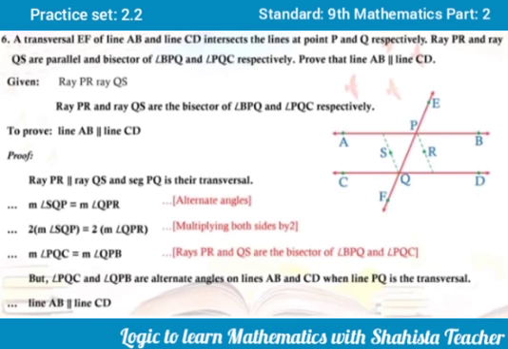Okay, so line AB is parallel to line CD, they both are parallel lines. Is that clear? So hence we have proved this, line AB is parallel to line CD, so they are alternate angles. Is that clear, my dear students?